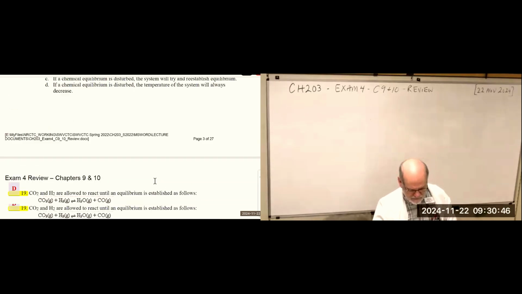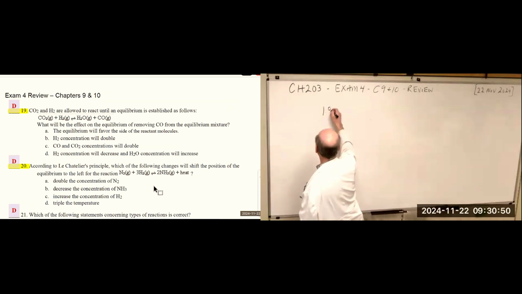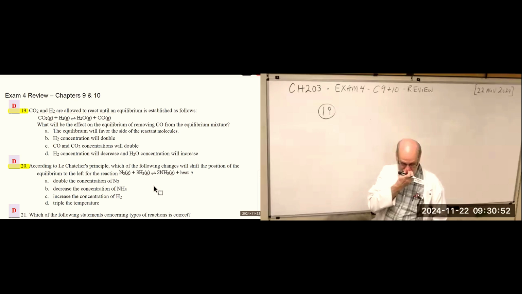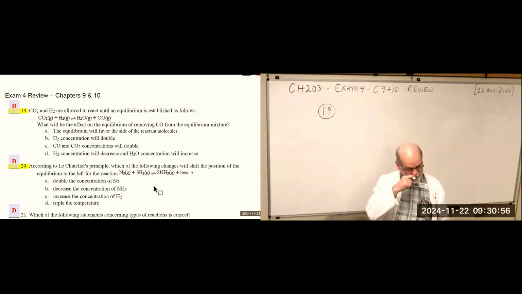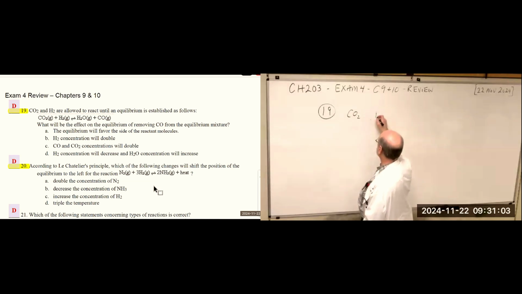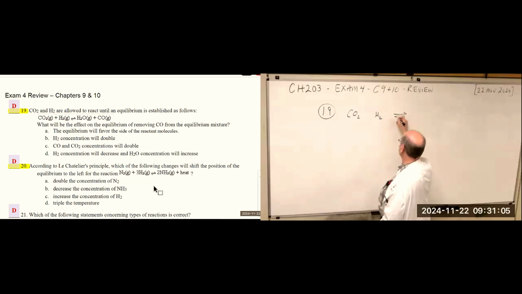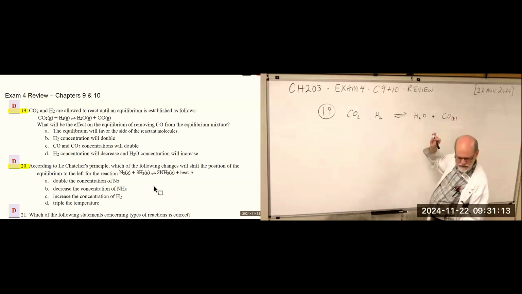Okay, that was 18. 19. Carbon dioxide and hydrogen are allowed to react until an equilibrium is established as follows. Okay, carbon dioxide, hydrogen yields water and carbon monoxide. And these are all gases.